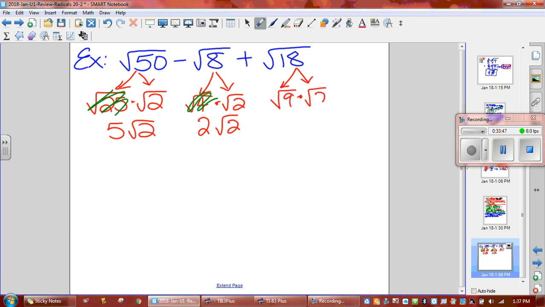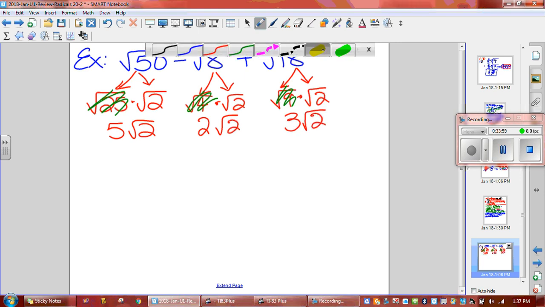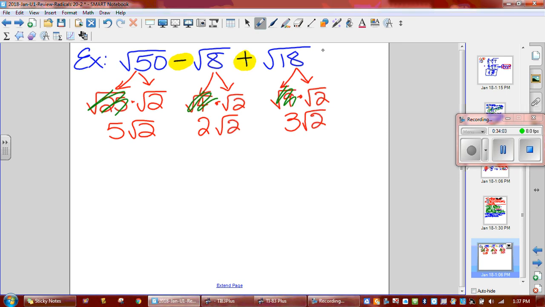Now I've got to go back and put my plus and subtract signs that are separating my radicals. So I'm going to put a subtract there and a plus there. And now all I've got to do is add the numbers in front. You just add or subtract left to right. So what it means by our second step, meaning match the radicands, is we look at all the radicands and see if they match.